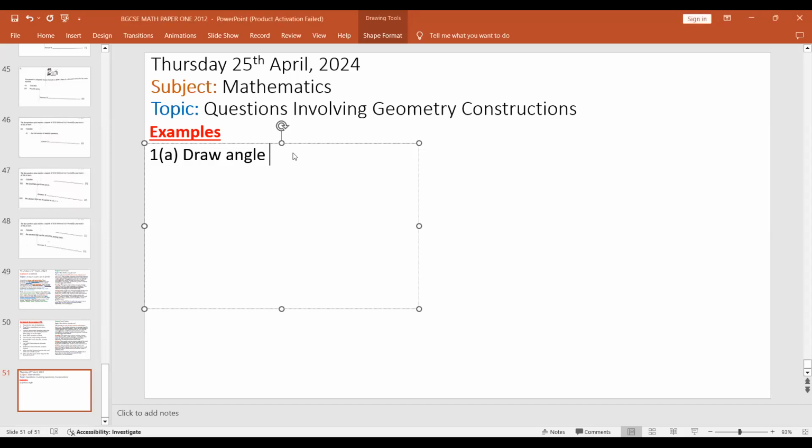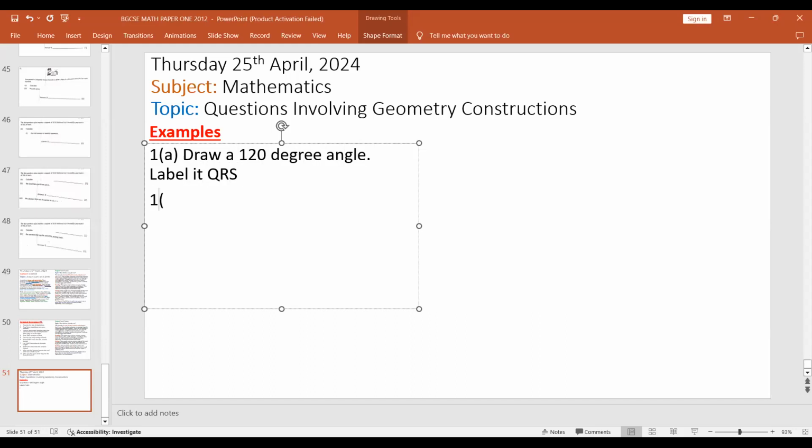And I think that's all we're supposed to be doing until Jasmine comes. Okay, so example number 1, we're going to say draw a 120-degree angle. Label it QRS.